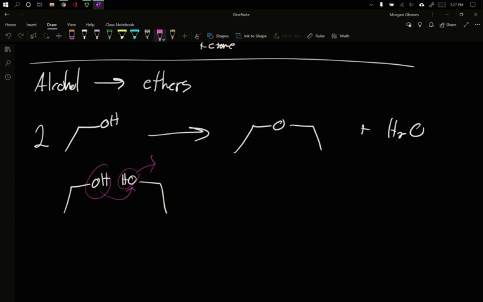This is also why most of our ethers have the same carbon chain. Diethyl ether, dimethyl ether. You very rarely actually have a methyl ethyl ether, because the only way to make a methyl ethyl ether would be to have methanol plus ethanol. They'd have to react. But if I have a big container that's half ethanol and half methanol, sometimes the ethanol bumps into each other.